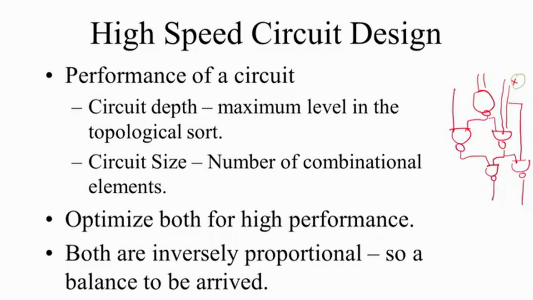I could reach from this input to the output with just two gates. But there is another path from this input to this output which involves 3 gates. So the depth of this input is 3, the depth of this input is 3, the depth of this input is 4, this is 4 and this is 3. So the entire depth of this circuit is now 4.